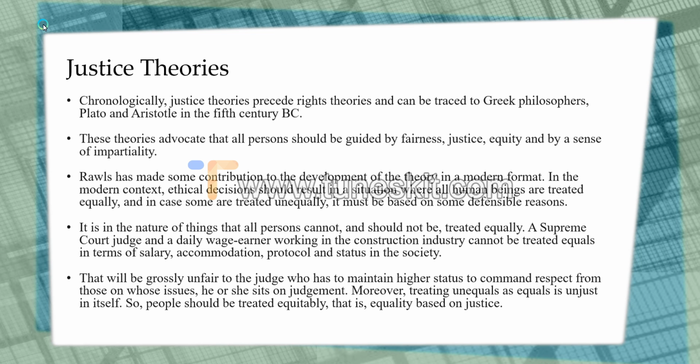The ethical decision that will be taken by the individual should lead to distributive equal justice, and in case some are treated unequally, it must be based on some defensible reasons.